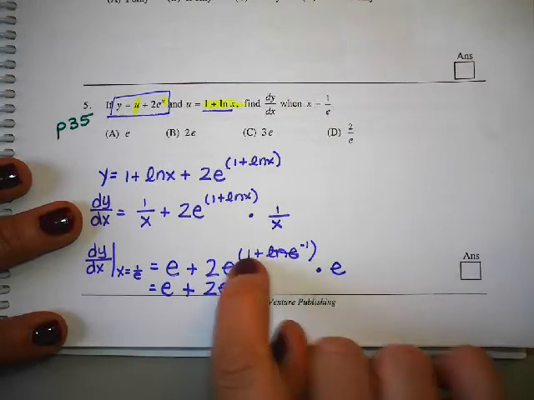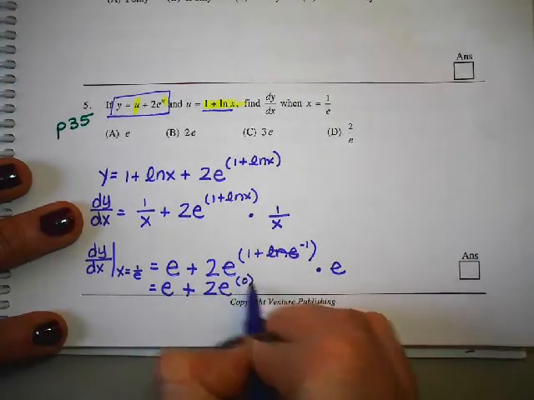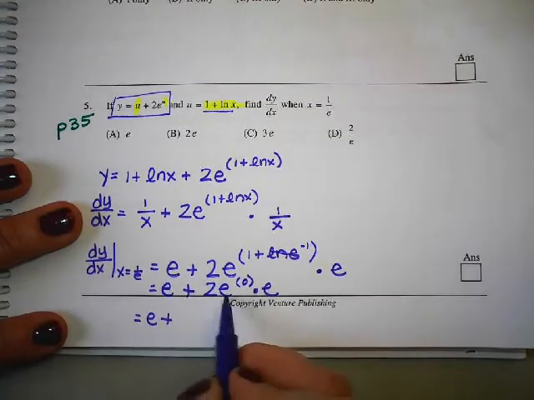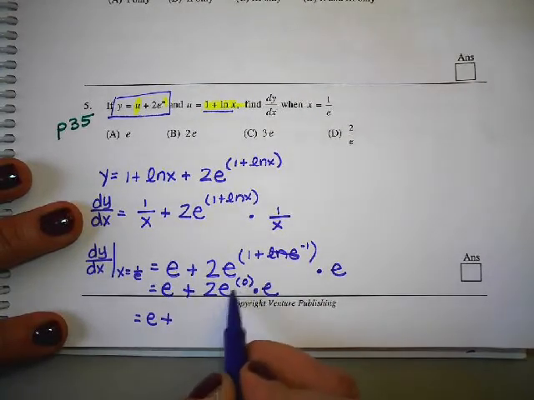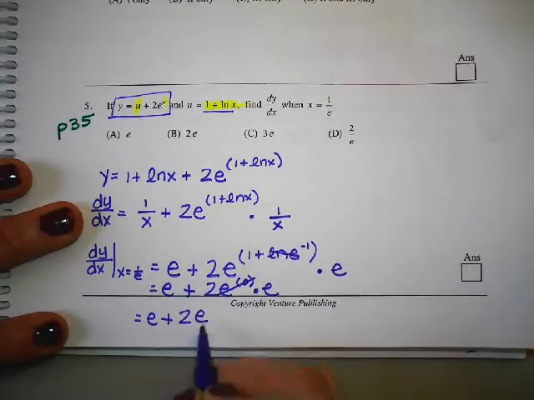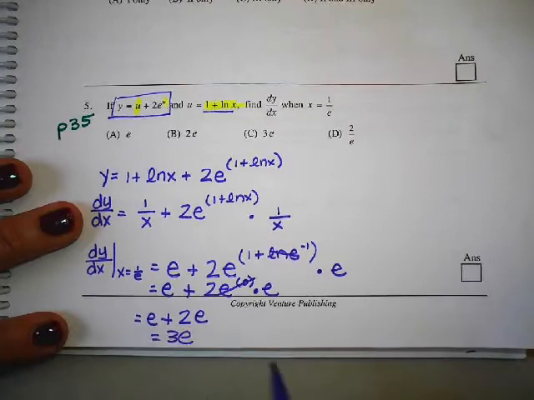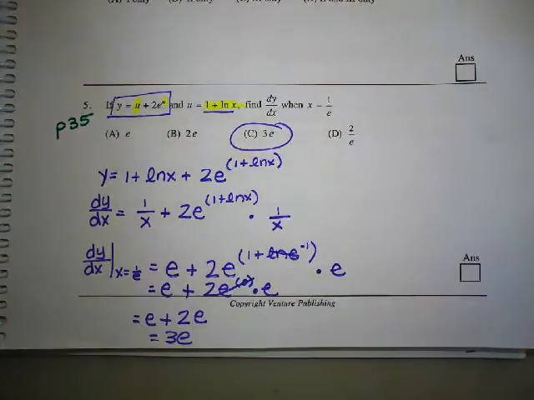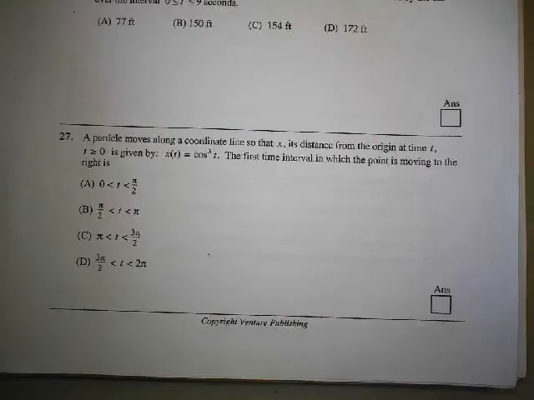So really I have 1 minus 1, or 0, times e. So I have e plus, e to the 0 power is just 1. So that's just 1. So e plus 2e, which is 3e, leaving me with answer choice C being my answer.